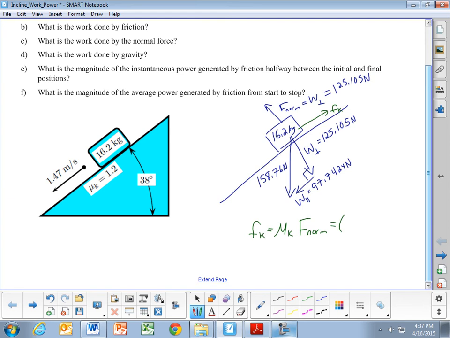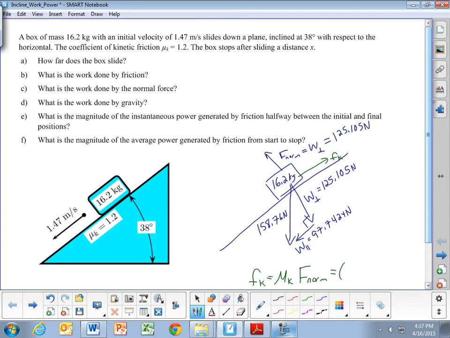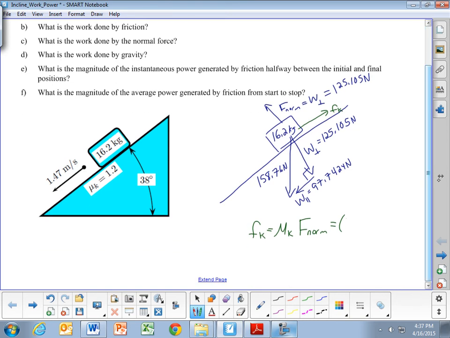Here we're told that the coefficient of kinetic friction is 1.2. And we just found that the normal force was 125.105 newtons. So this force of friction is 150.126 newtons.